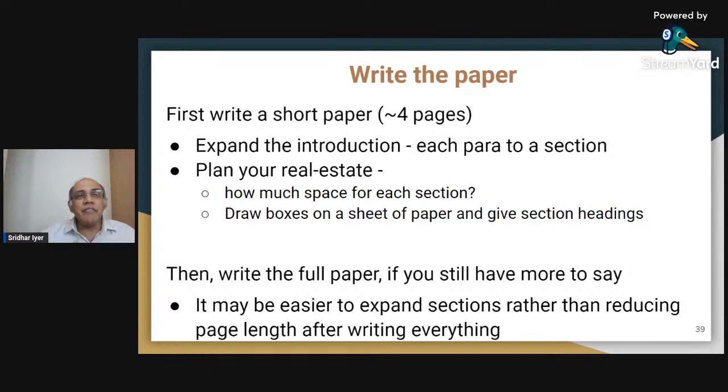Then we have the problem of how to cut down the number of pages. This happens because we focus on describing things which really need not figure in the paper. The way to get around that is to say, let me first write a short paper.